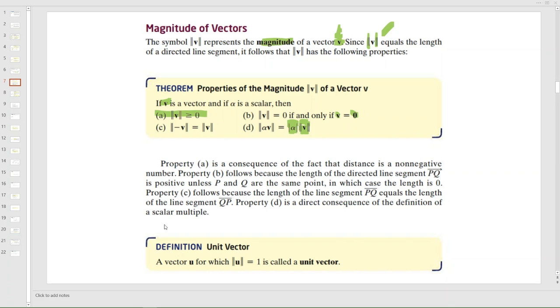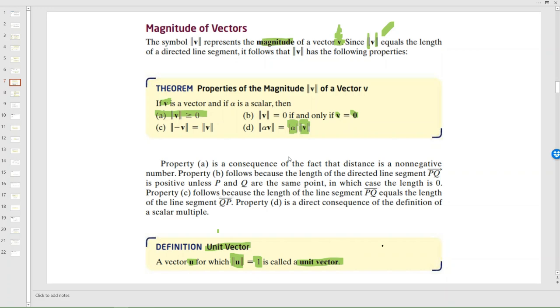Okay, we've got a special vector called the unit vector, and a vector u is a unit vector if it has the magnitude of 1. Okay, so in the case of the unit vector, the only component of the vector that can change would be the direction.